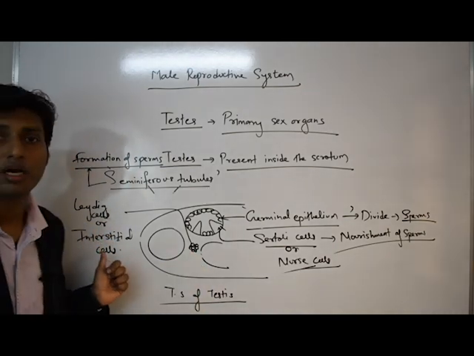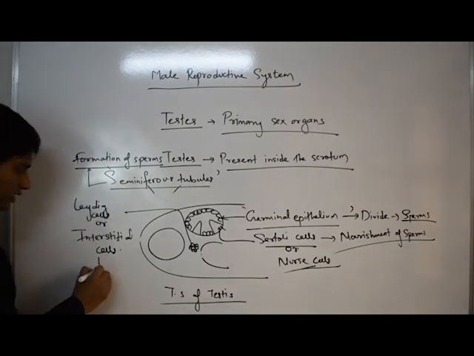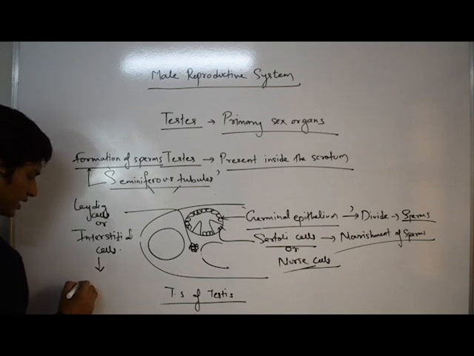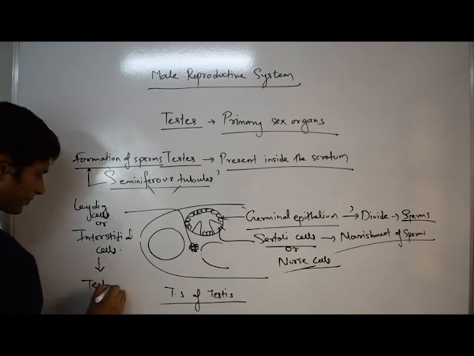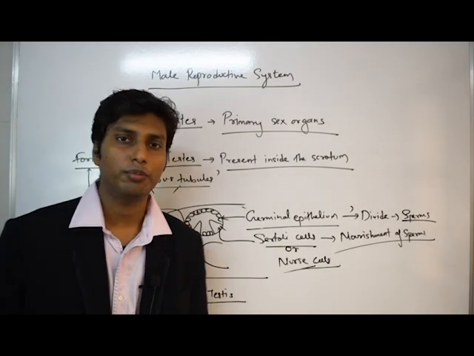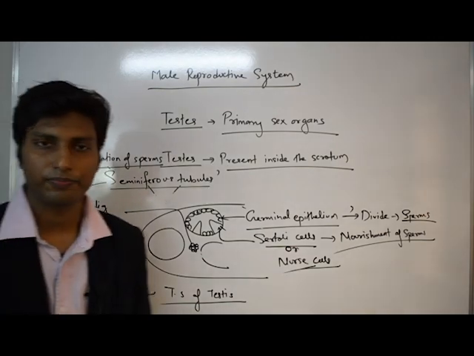What is their function? The function of these Leydig cells is to help in the secretion of the male sex hormone, which is testosterone. So the Leydig cells, or interstitial cells, help in the formation of testosterone.